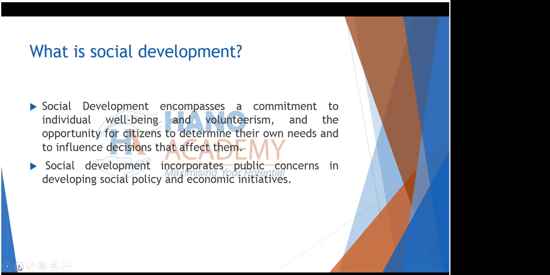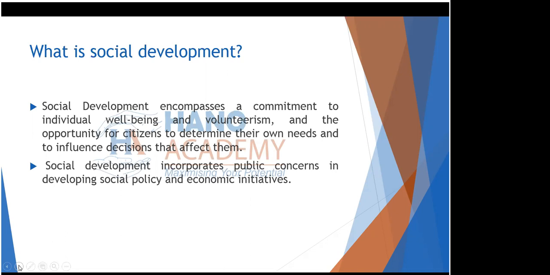We argue that social development encompasses a commitment to individual well-being and volunteerism, and the opportunity for citizens to determine their own needs and then influence decisions that affect them.